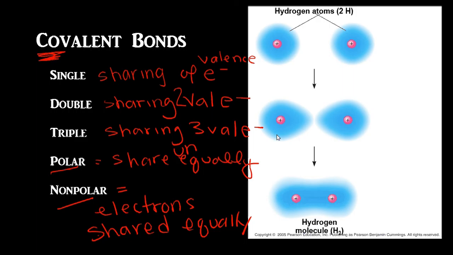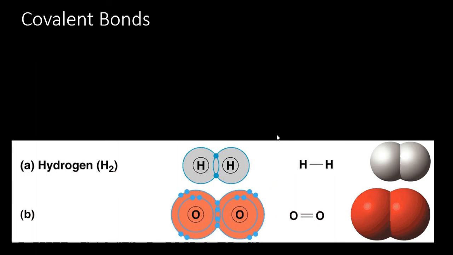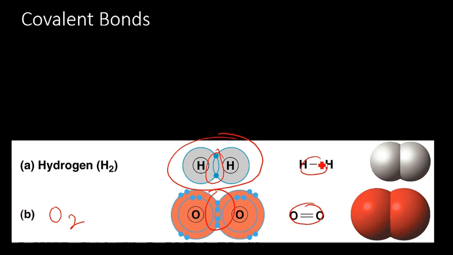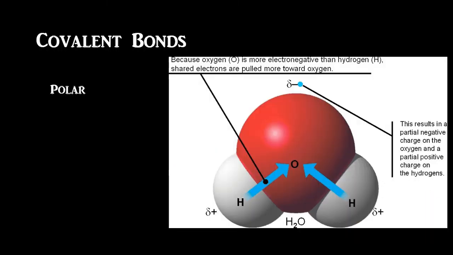So an example that you guys are familiar with is water, but we're going to first talk about these covalent bonds that happen between hydrogen and oxygen, so they're sharing. This should be O2 right here, so they're sharing these equally, so we've got a double bond here, a single bond there. Okay, water is a superpolar molecule.